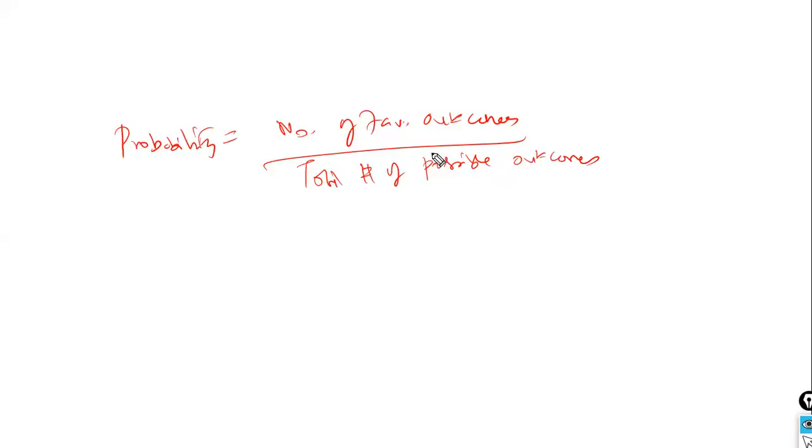Suppose I toss a coin, and I ask what is the probability of getting head? Head or tail? What is the probability of getting head, or what is the probability of getting tail?